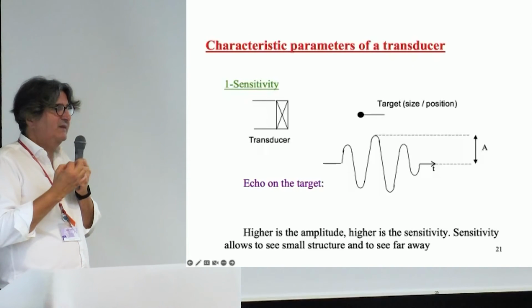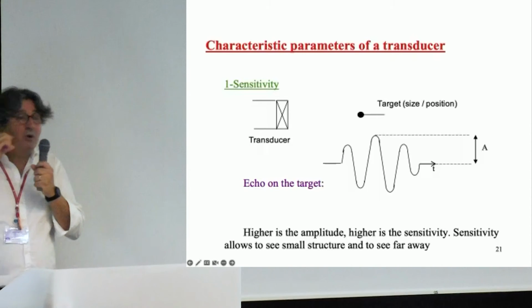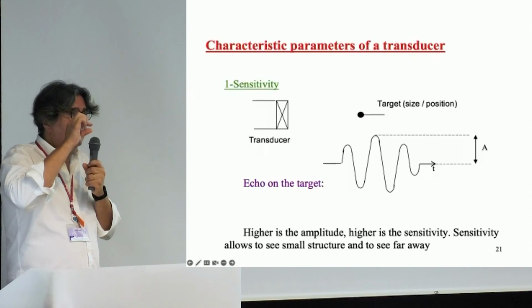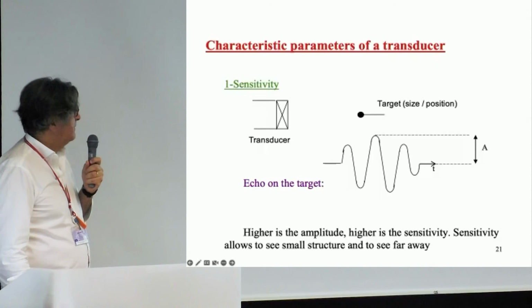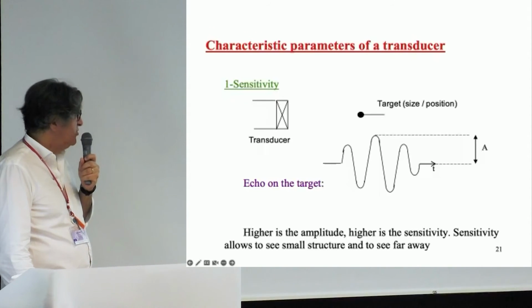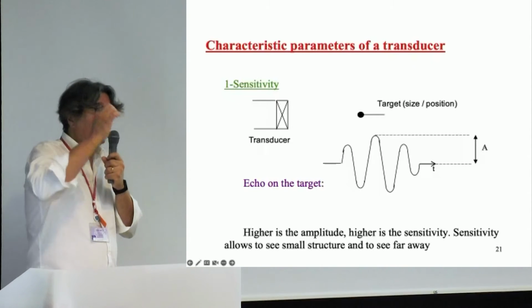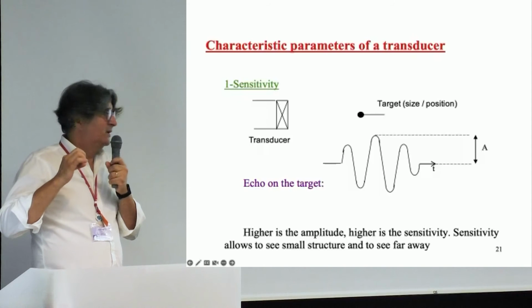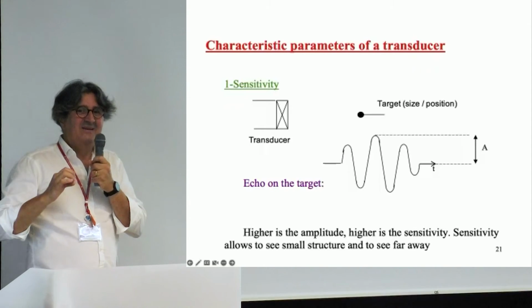The higher the sensitivity, of course, the smaller the structure you will be able to observe. It's quite obvious. And so it means that with a very sensitive transducer, you are able to look far away, very far.